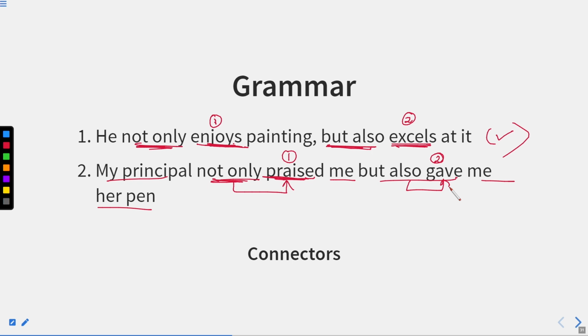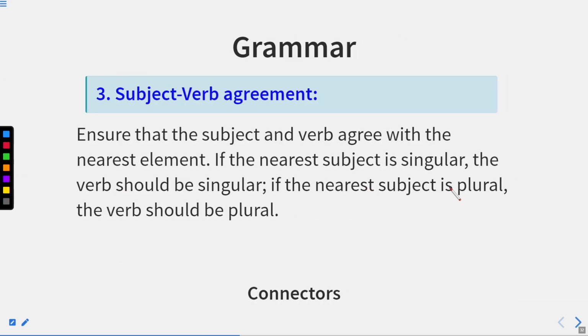Now let us move to the next one. Subject verb agreement. Ensure that the subject and verb agree with the nearest element. If the nearest subject is singular, the verb should be singular. If the nearest subject is plural, the verb should be plural. Now, whenever we have this structure like not only, and after that, but also, now I will write something over here like subject 1, and here I will write subject 2.